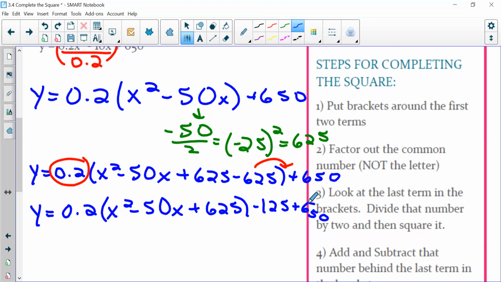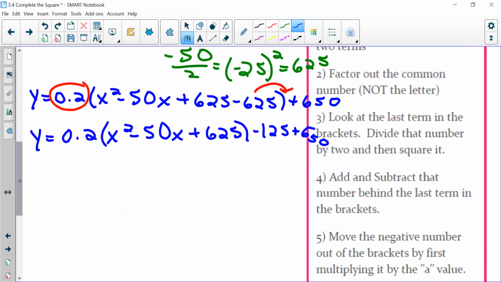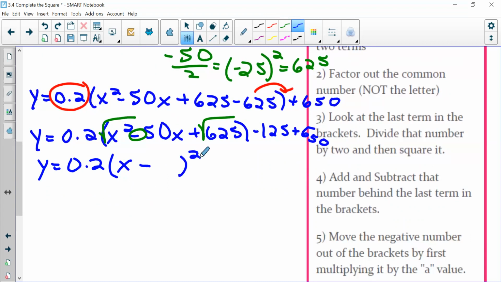Come on. What's the square root of x squared? X, the sign in the middle. Okay, and what's the square root of 625? 25.